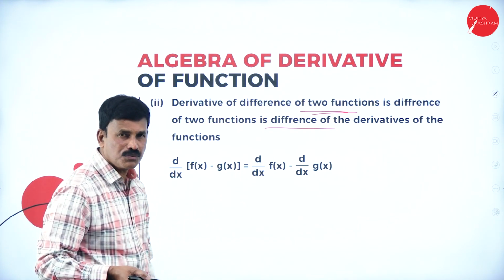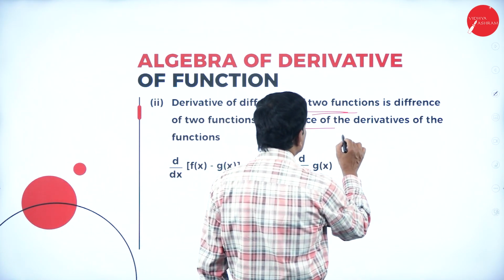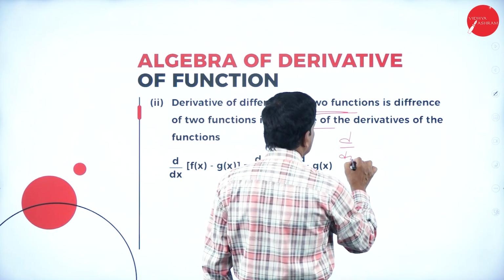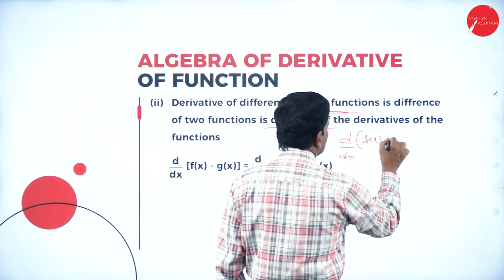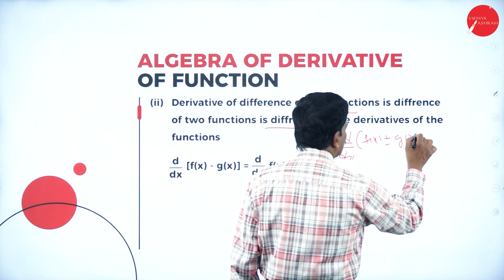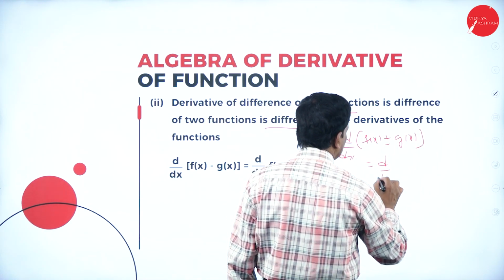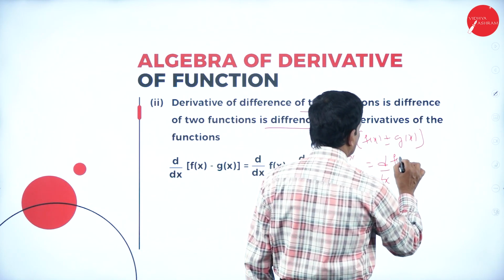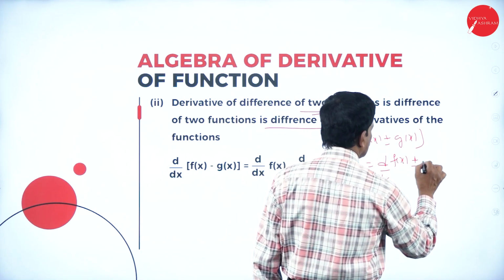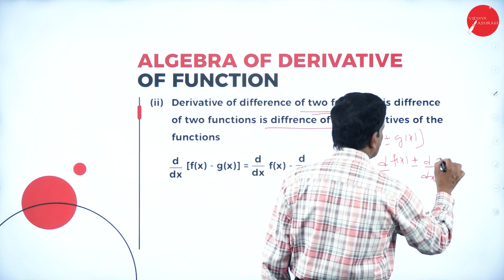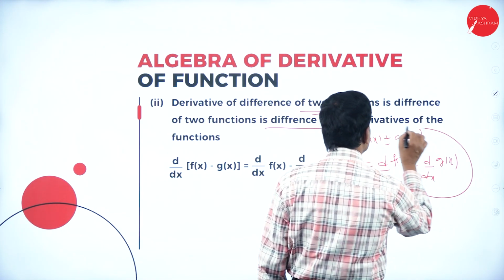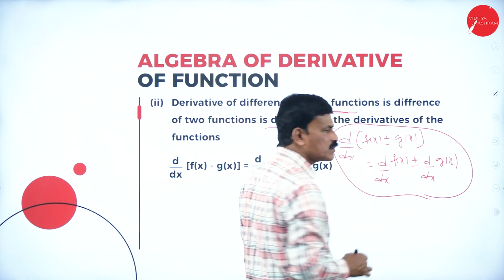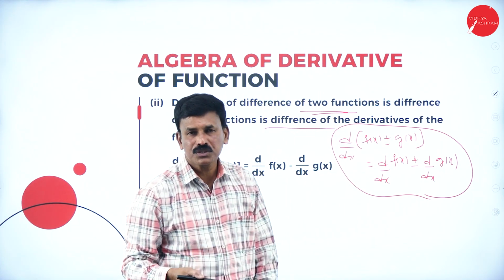If it is minus, just put minus. In general, d by dx of f of x plus or minus g of x means term by term differentiation: d by dx of f of x plus or minus d by dx of g of x. This is the rule.